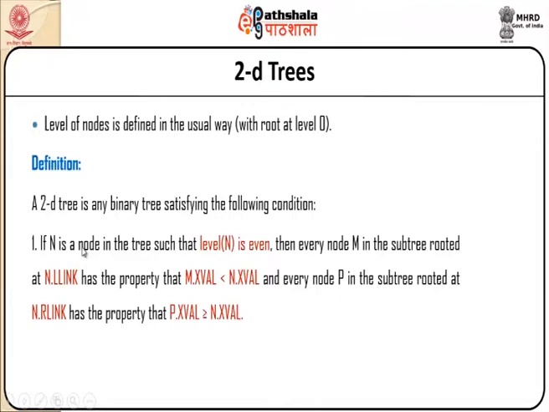So, if n is a node in a tree such that level of n is even, then every node m in the subtree, that means the node that I am trying to insert, is the m node that is rooted at n dot L link.